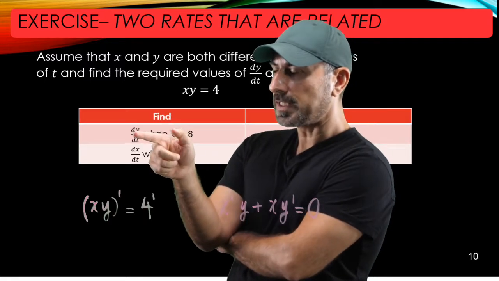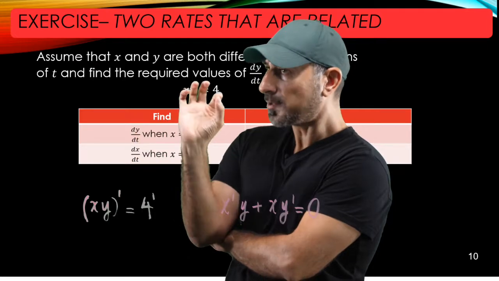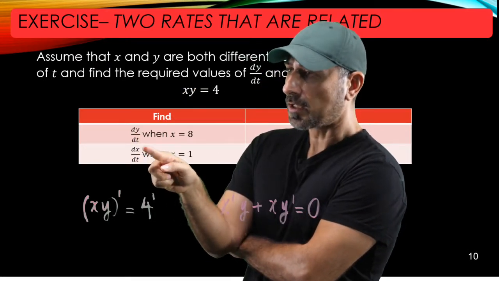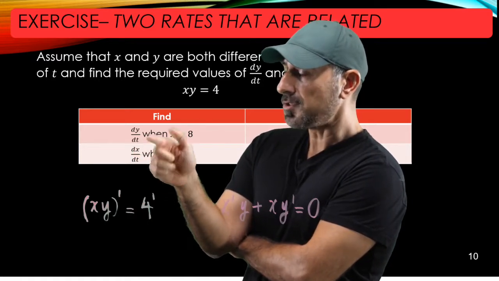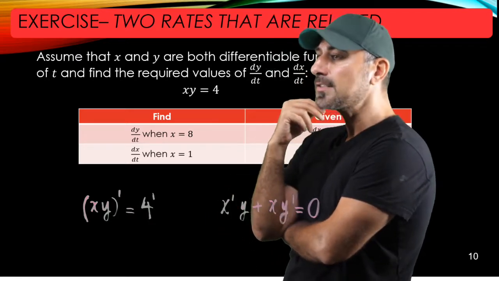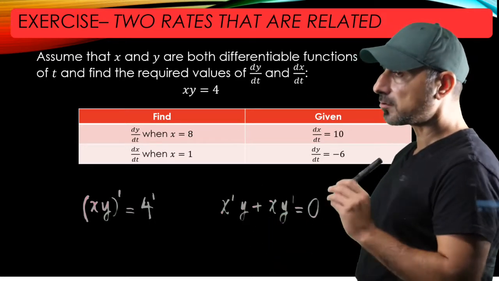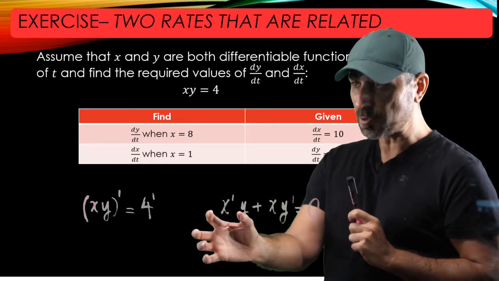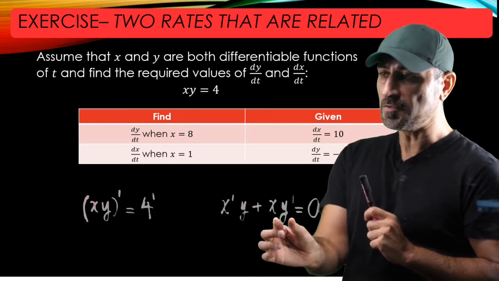So when I say dy over dt here, what I mean is just y prime, but that prime denotes the time differentiation, and same here. dx over dt, you can call it x prime, but we know that x prime is the time derivative of x, so you shouldn't be confused. When we say x prime here, we're not taking the derivative with respect to x, but with respect to time, so we keep it as is. So this is in fact dx over dt, and this y prime term is dy over dt.